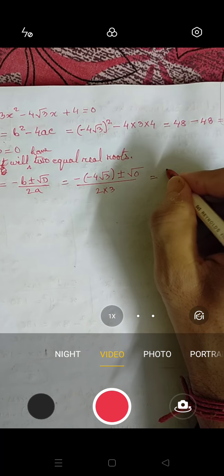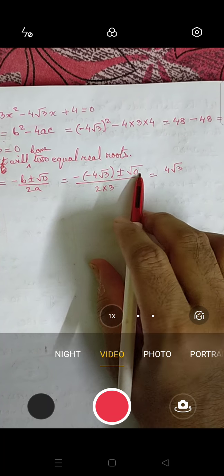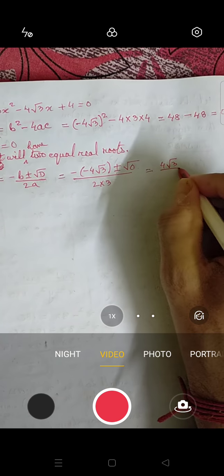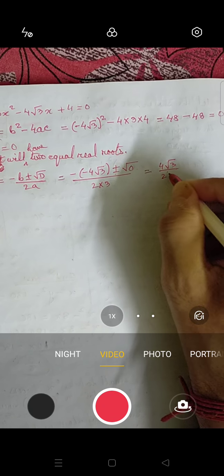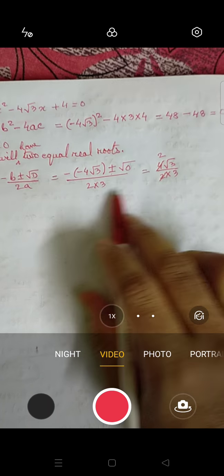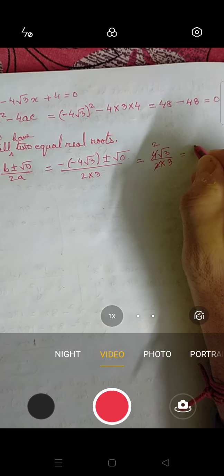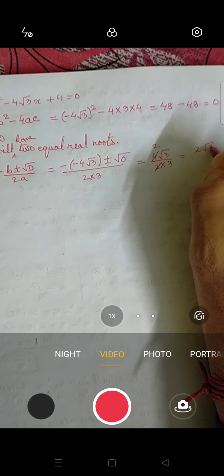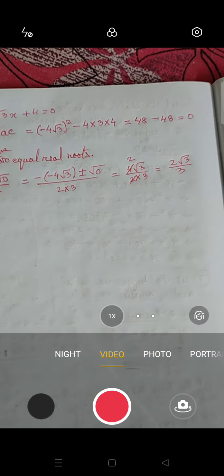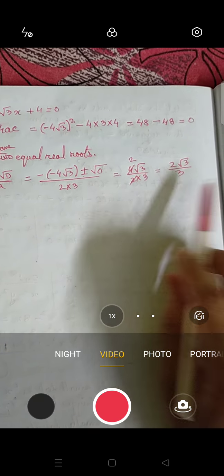So it will become 4 root 3, and this plus minus root over 0 means 0. So no need to write that. We will be having 2 into 3. So this 2 and this 4 can be cancelled. You can multiply and write also, 2 into 3 is 6. You can write 6 also. That way also you can write. So you will be having two answers, 2 root 3 by 3. That means you will be having two zeros. Both will be this 2 root 3 by 3. Okay?